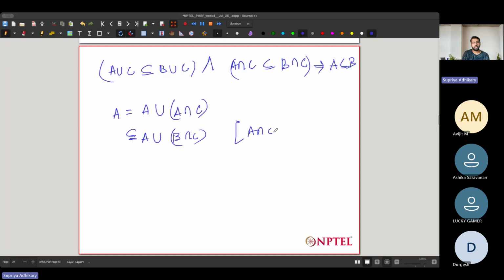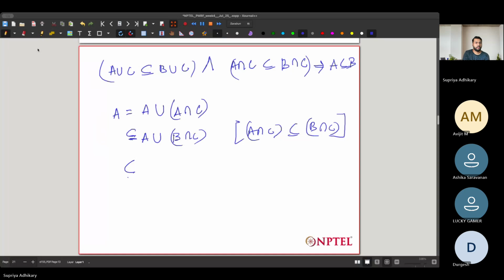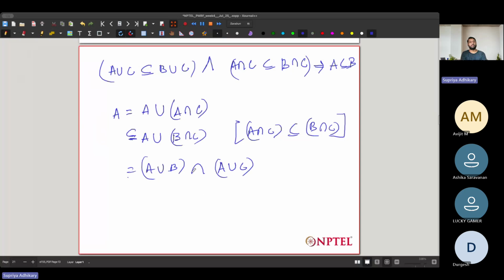Because A intersection C is a subset of B intersection C, that is given to us for any arbitrary C. So this can now be considered as (A union B) intersection (A union C), because of the distributive property of union and intersection.